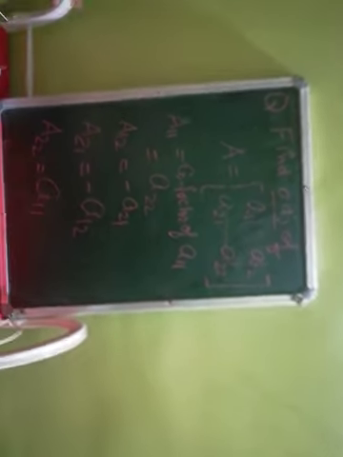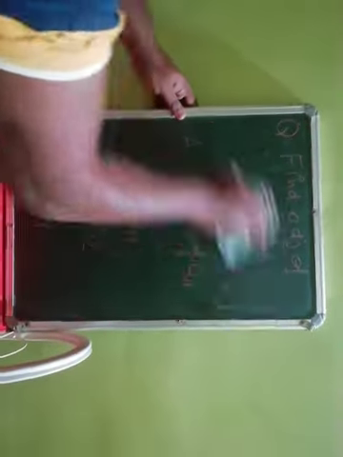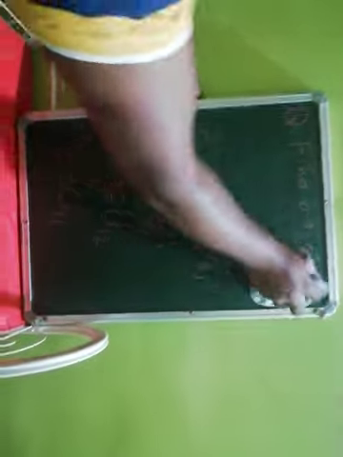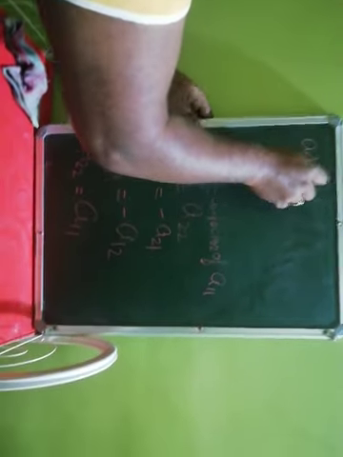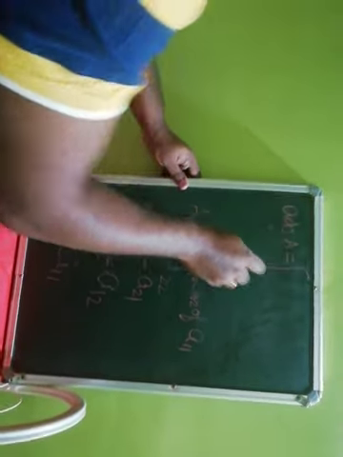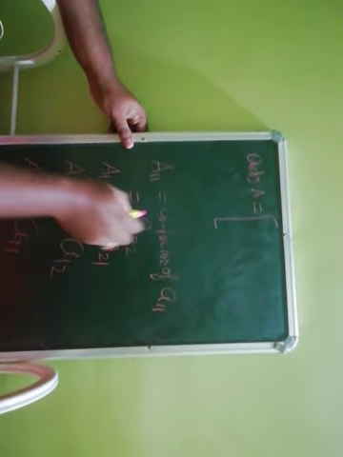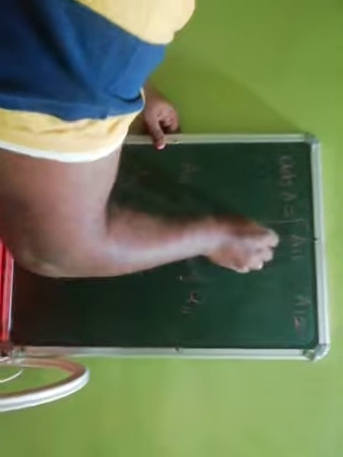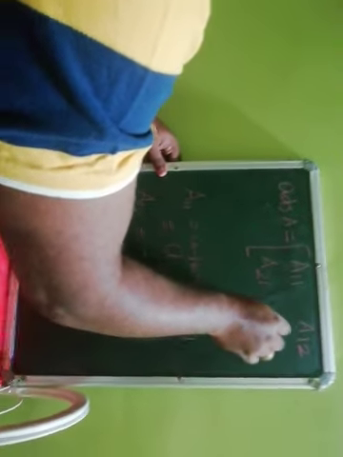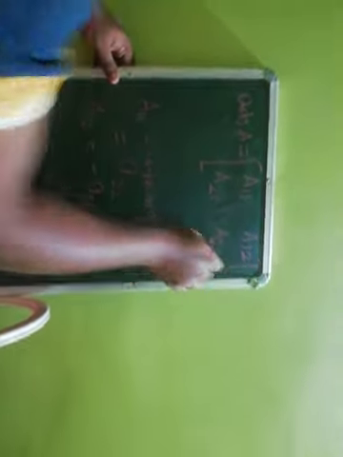We can say the adjoint of A is the transpose of this one, capital A11, A12, A21, A22.